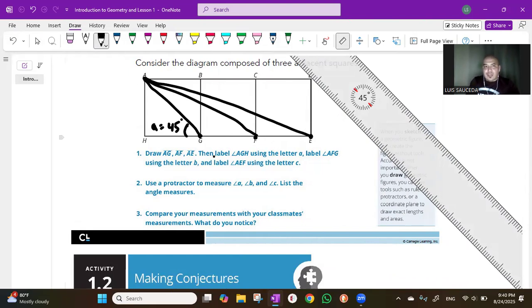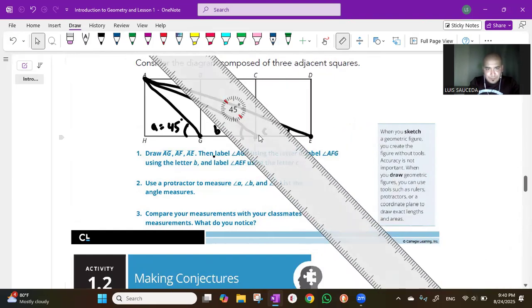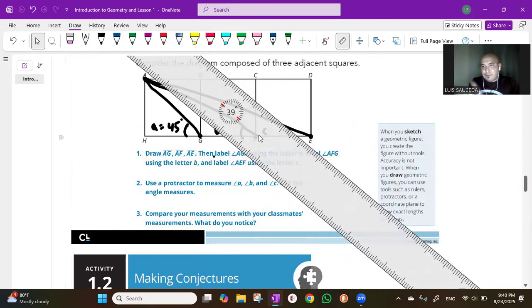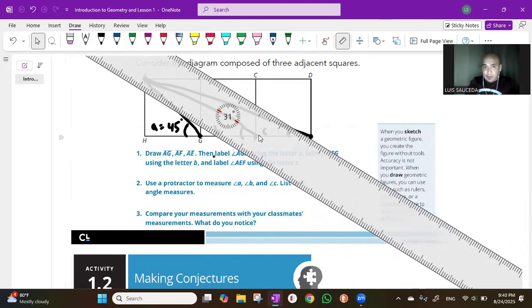Now AFG, that's going to be called angle B. And then AEF, that's going to be called angle C. Okay? So now using the protractor, let me measure the other angle. So again, if you pinch it or you extend your fingers, you can modify it.